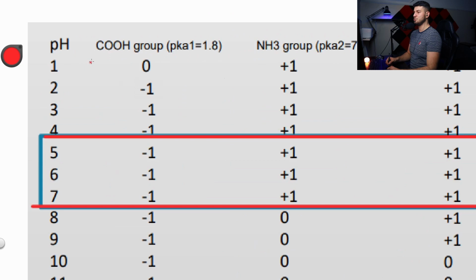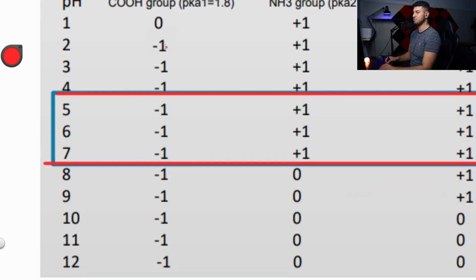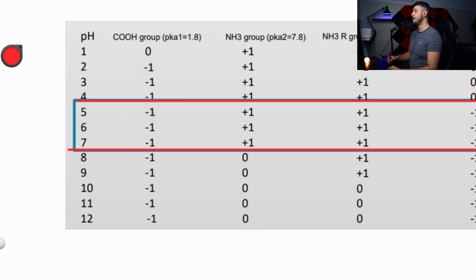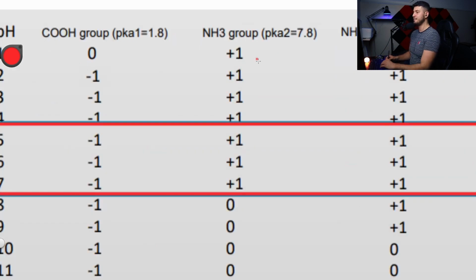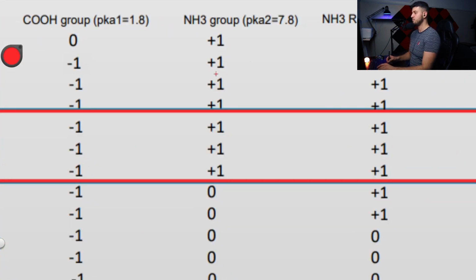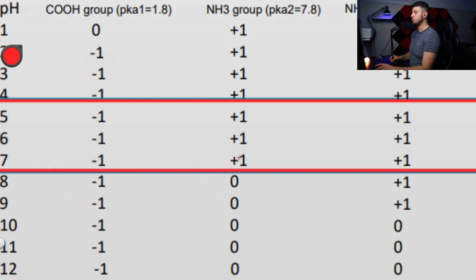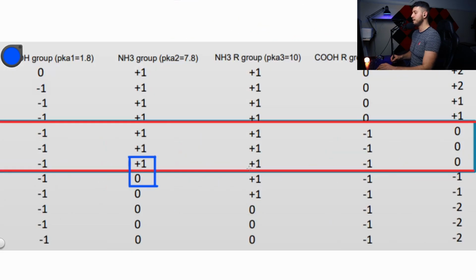So for example, COOH doesn't change its value, right? It was -1, negative, doesn't change anything. But NH3 does change. For example, positive, but here, at the border, it changed. You see this change in value from +1 to -1. The rest was the same, right? Here, it changed.